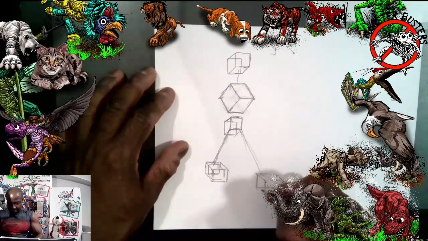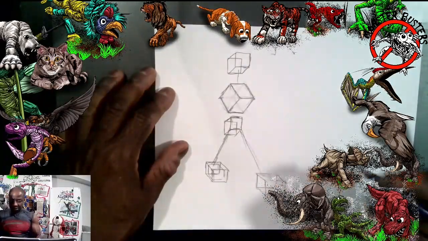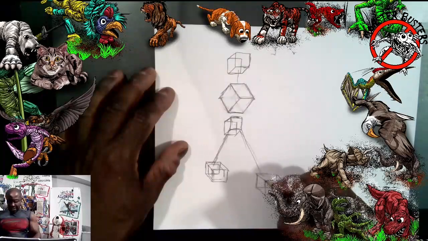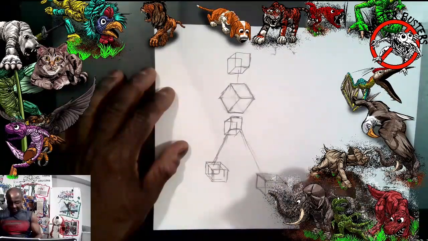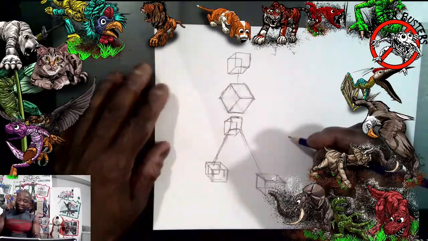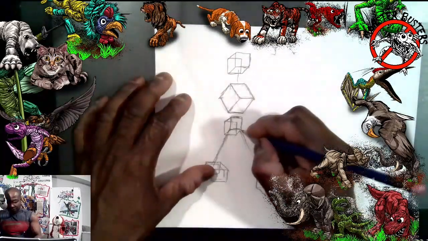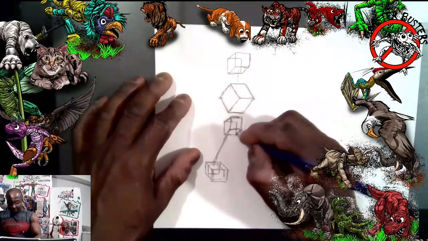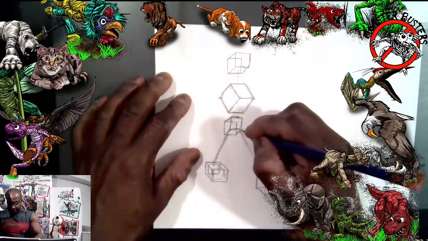Box here, box there, box there, box there. Why? Because it's a precursor to what we're gonna want to do next. Remember, we drew a cylinder on how we drew a cylinder for shortening.